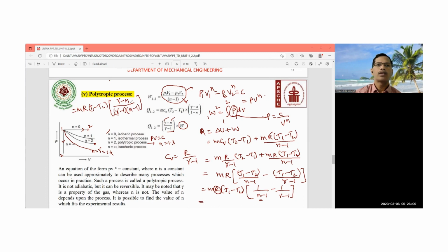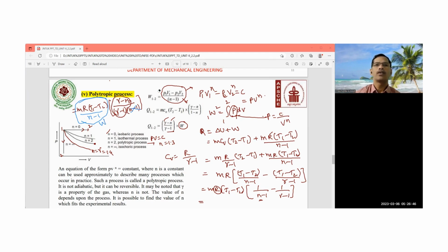So I will take out this one, that is gamma minus n by gamma minus 1 into work done, right? So that is this mR T1 minus T2, and here cancel this one, but here you write this here. Then the total term you are going to be getting as this is nothing but equal to W. So W into gamma minus n by gamma minus 1.